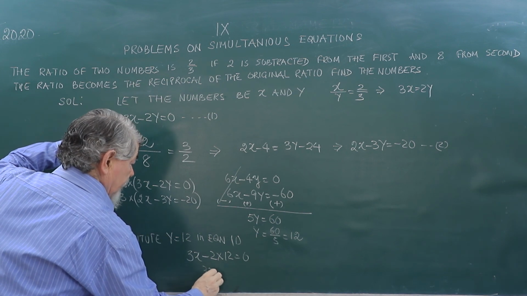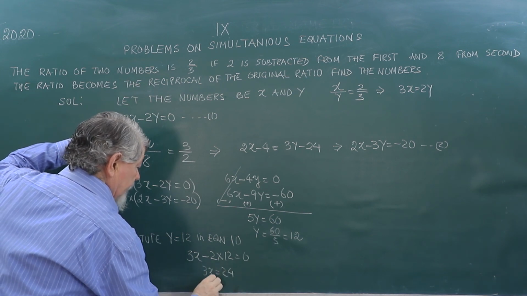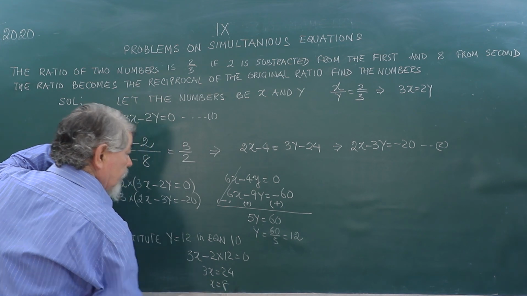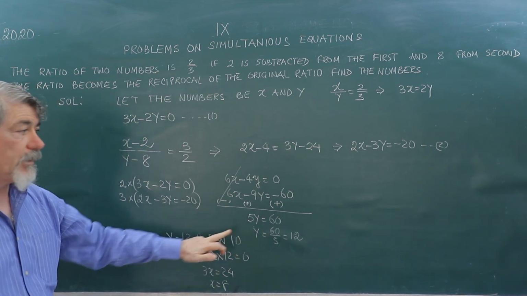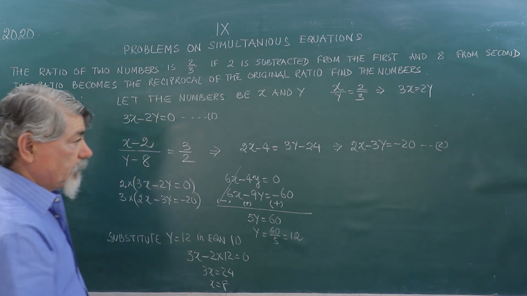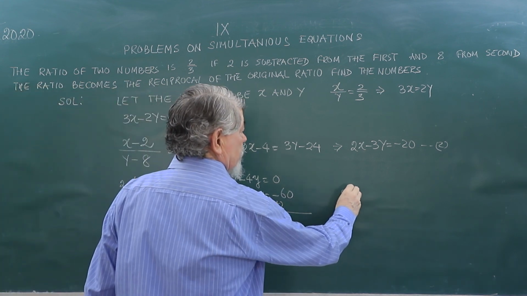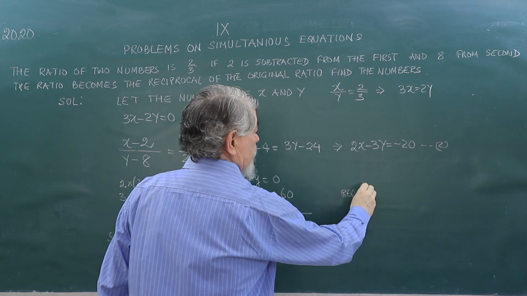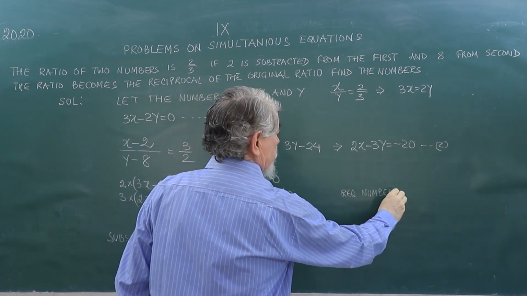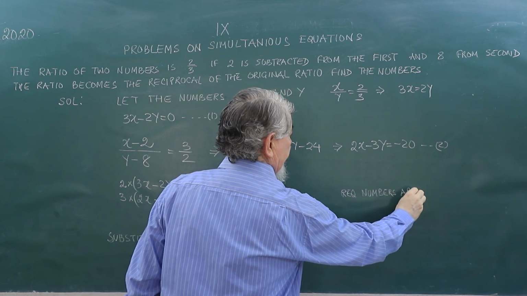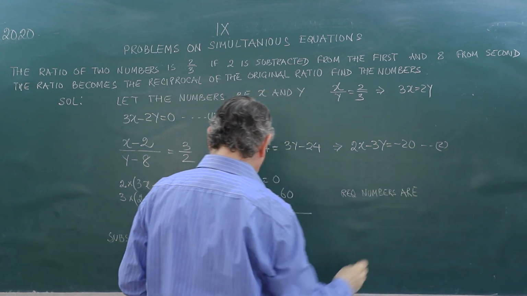So with y as 12, 3x will be 24, and x will be 8. So the required numbers are 8 and 12. x is 8 and y is 12.